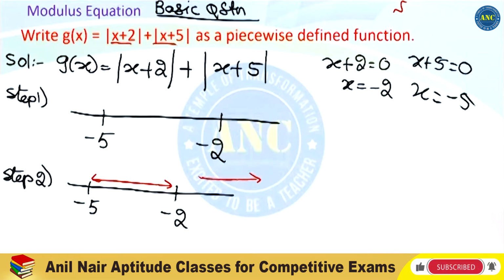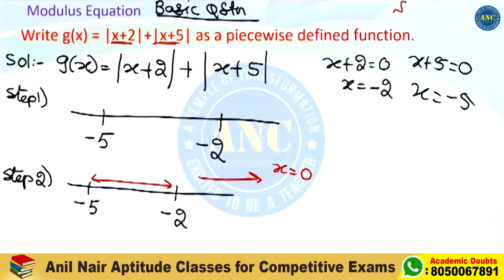Take a value to the right hand side of minus 2. Let me take x equal to 0. 0 plus 2, 2 positive. 0 plus 5, 5 positive. So it is x plus 2 plus x plus 5. If inside it is positive, outside also it will be positive.